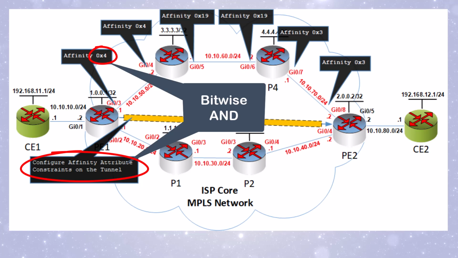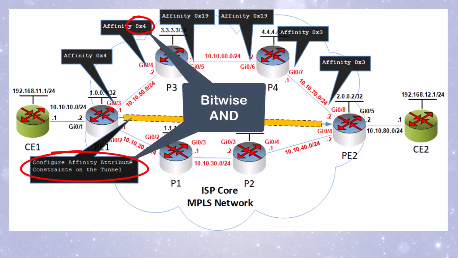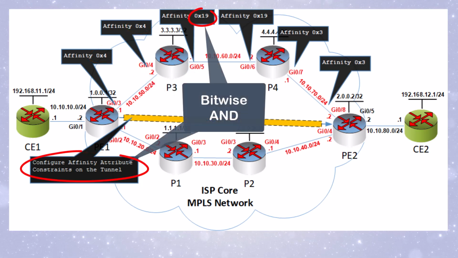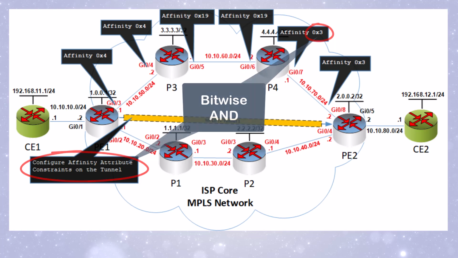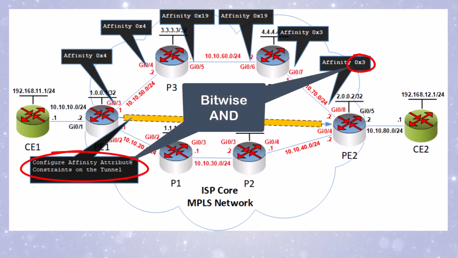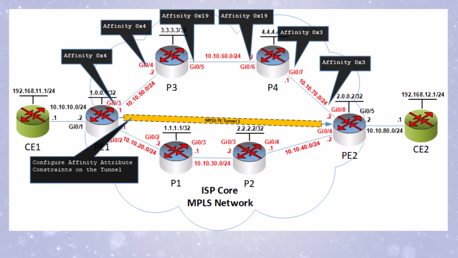The bitwise AND operation is performed between each link's affinity value and the TE tunnel's affinity constraints to determine if the link is eligible to be used by the LSP or not. Based on this operation, the tunnel will either include or exclude that particular link.